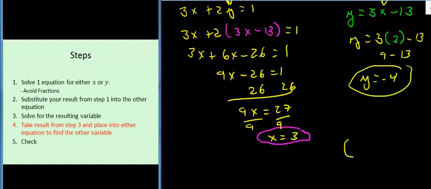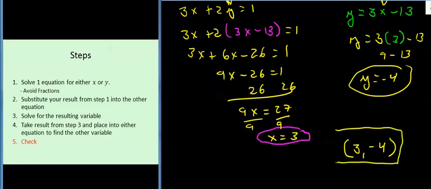My answer then is the ordered pair 3, negative 4. And again, do the check. I am not doing the check because I don't want to use your time, but you need to do the check. So this is our answer.